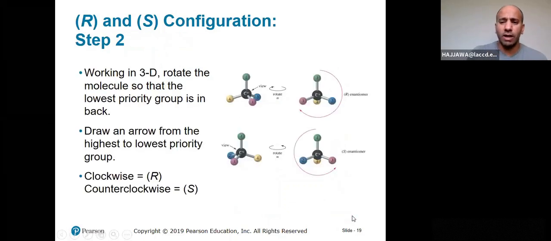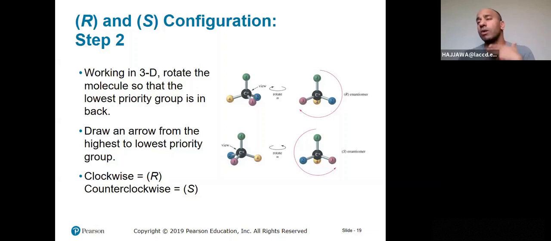So let's look at examples and see how we usually, once we rank those groups in terms of priority, 1, 2, 3, 4. Now what? We need to keep in mind that the ideal situation for a chiral center is to have the fourth group pointing away from us, meaning dash bond.